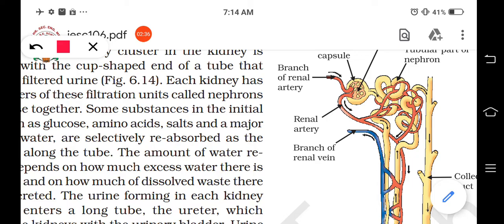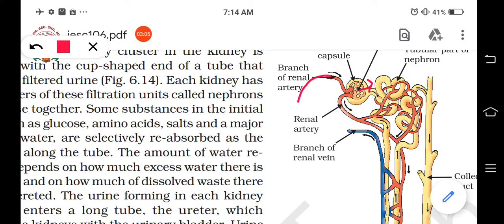Just imagine if you squeeze something, or put pressure on something, what will happen? All the water part will get squeezed out from that thing, isn't it? In the same way, when blood passes through the glomerulus, it will be under high pressure. So what will happen? Many substances like urea, amino acids, salts, all this will get filtered into the Bowman's capsule.